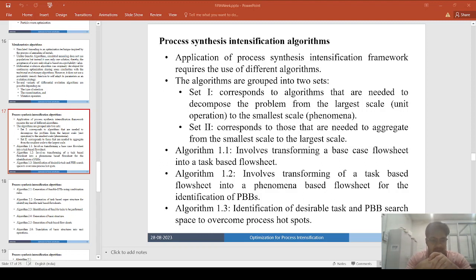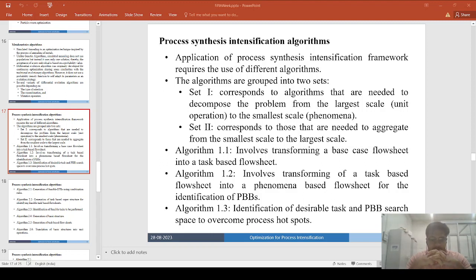Then the second sub-algorithm of the set 1 algorithms involves the transformation of the task-based flowsheet into a phenomena-based flowsheet for the identification of phenomena-based blocks, PBBs. That we have discussed in the previous week also.